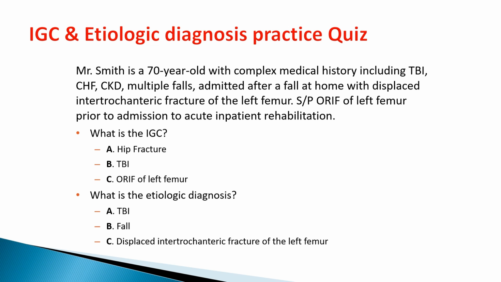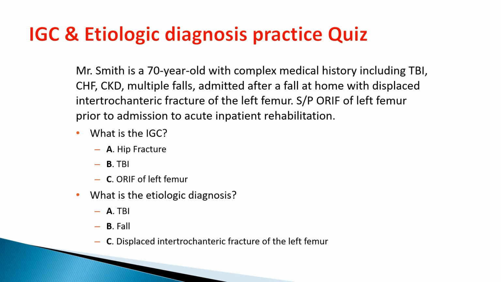IGC and Etiologic Diagnosis Practice Quiz. Mr. Smith is a 70-year-old with a complex medical history including TBI, CHF, CKD, and multiple falls, admitted after a fall at home with displaced intertrochanteric fracture of the left femur. Status post-ORIF of the left femur prior to admission to acute inpatient rehabilitation.